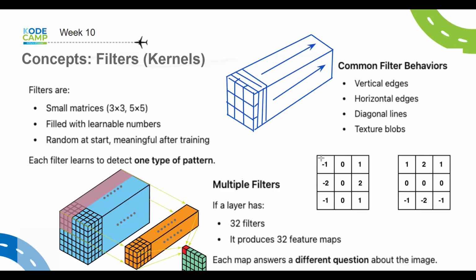So a kernel, you can see a kernel here. Each kernel does one single transformation. It basically does a single specific type of feature extraction. And this kernel has just 9 parameters, these 9 numbers inside here. Those are the 9 parameters that you are training. So when you stack 32 of them, this filter will have 32 times 9 parameters.